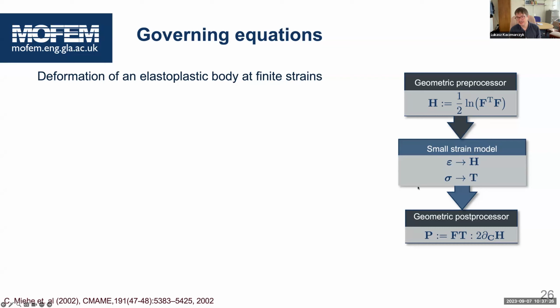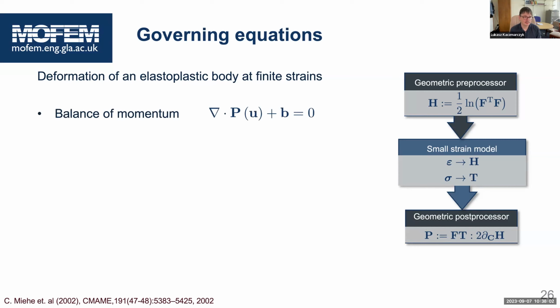So when we develop the plasticity model for small strains, instead of the small strains we use the Hencky strains, and we transform our small strain model into a large strain model by just substituting a Hencky strain for the small engineering strain. And instead of calculating Cauchy stresses, we calculate the so-called Hencky stress. But there is a procedure by which, when you know the Hencky strain, you can calculate the Piola stress, and everything works with large deformations.